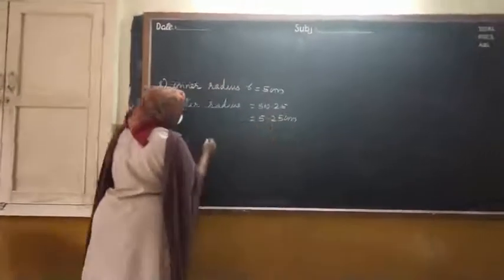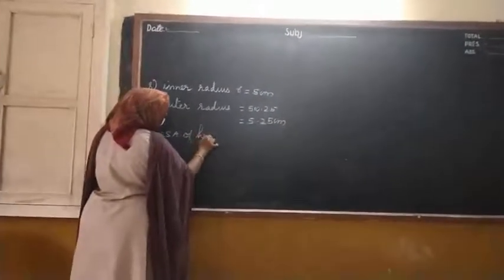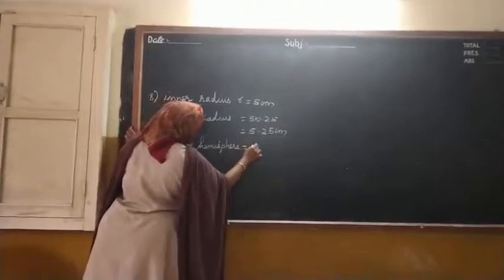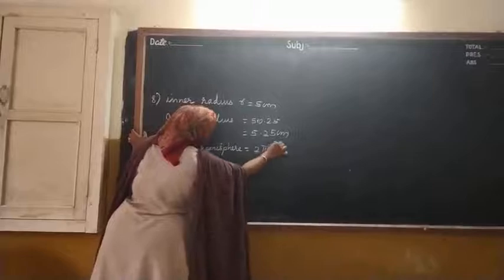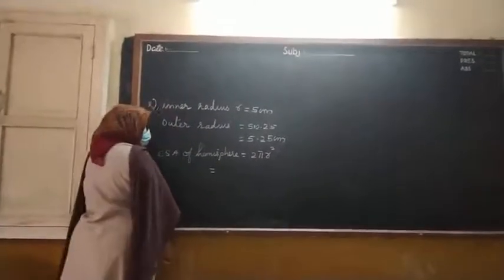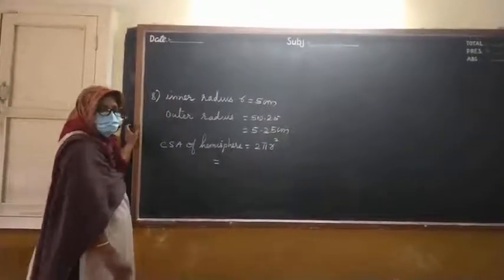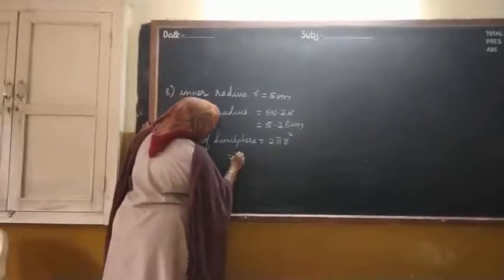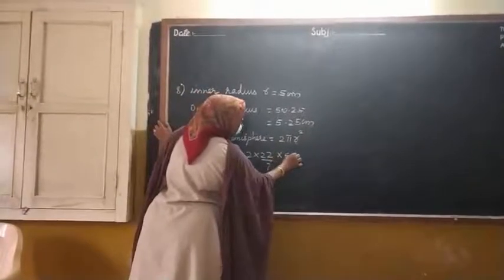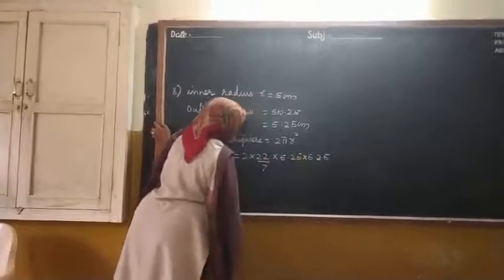Now the surface area of the hemisphere is equal to 2 pi r square. Taking pi as 22 by 7, so 2 into 22 by 7 into 5.25, again 5.25.